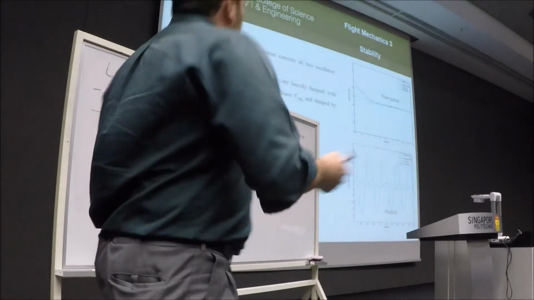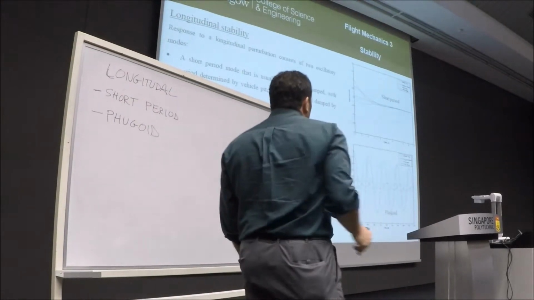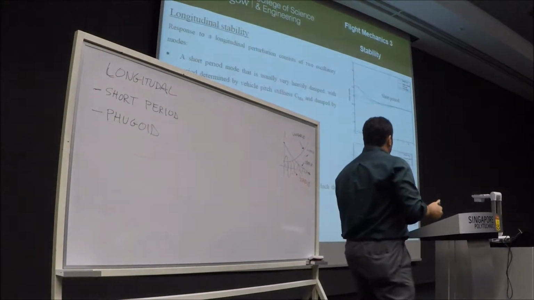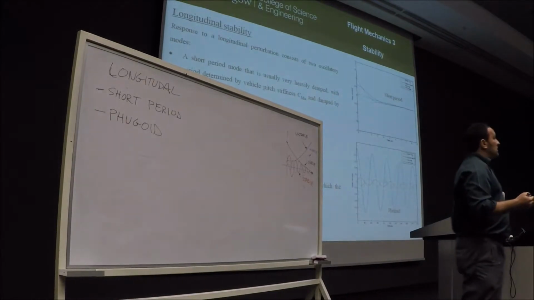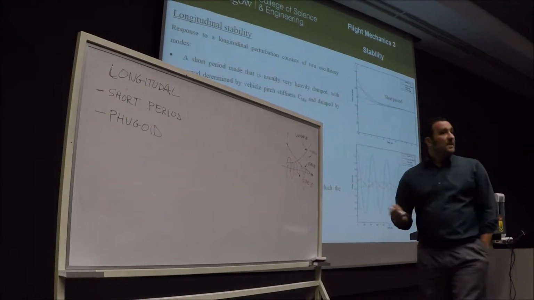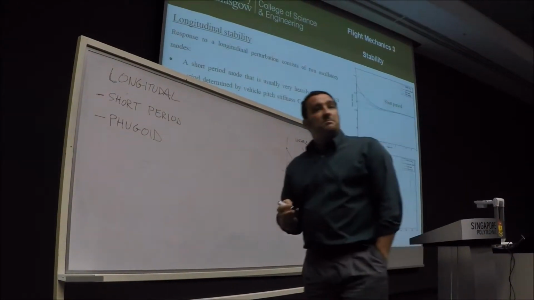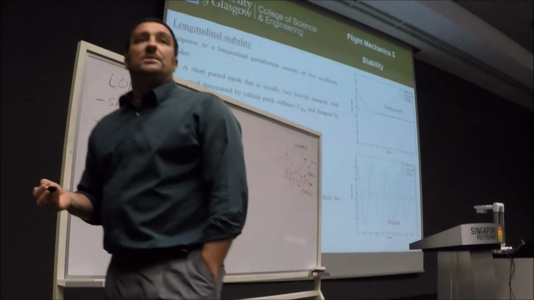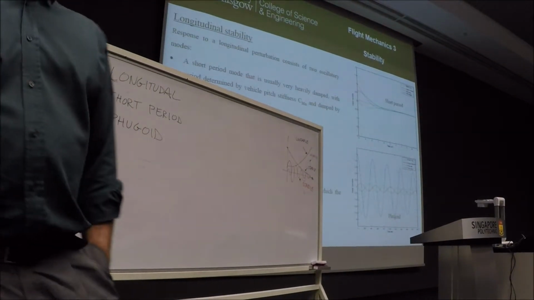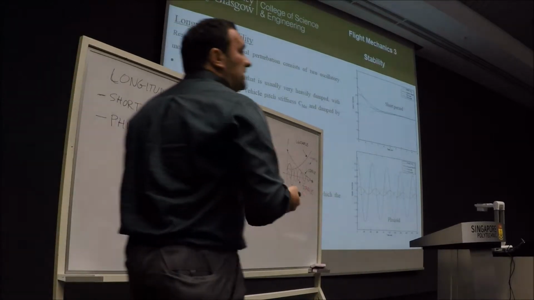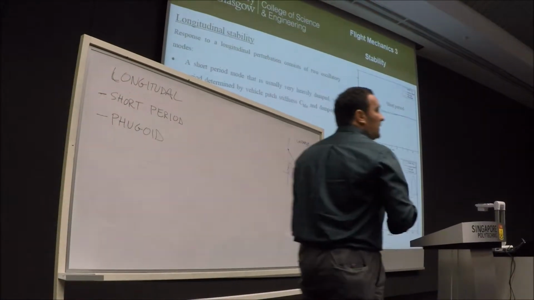So the aircraft returns in the case of 5-10 seconds to the equilibrium position. Okay, so short period mode is a heavily damped mode, and it's a perturbation that the aircraft can quickly recover from.